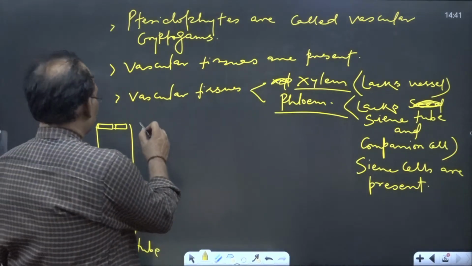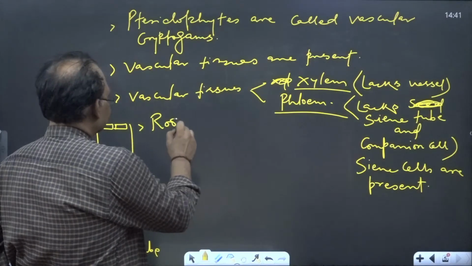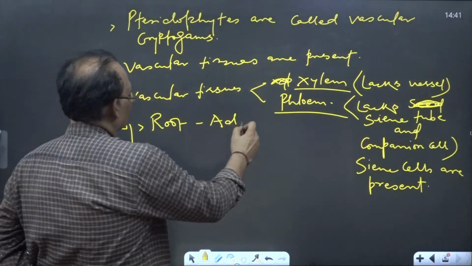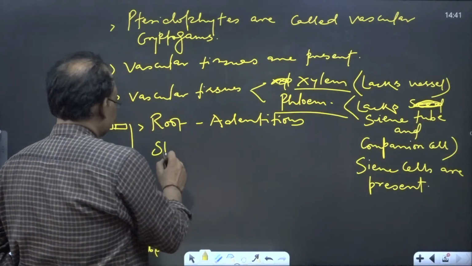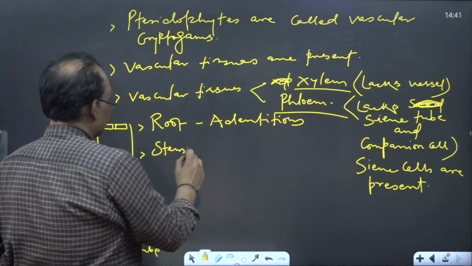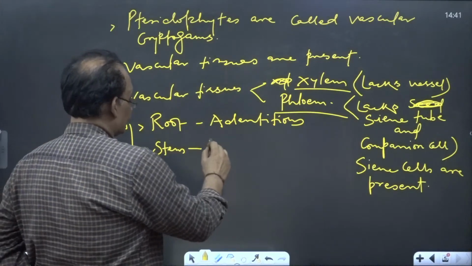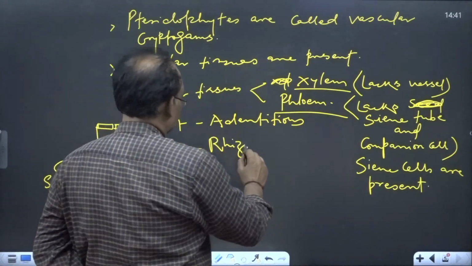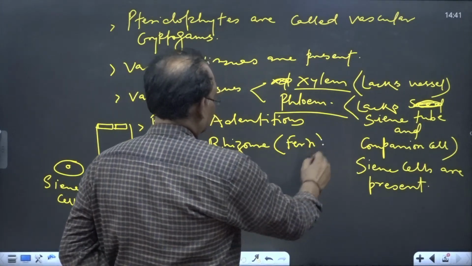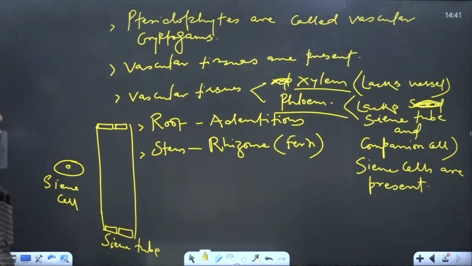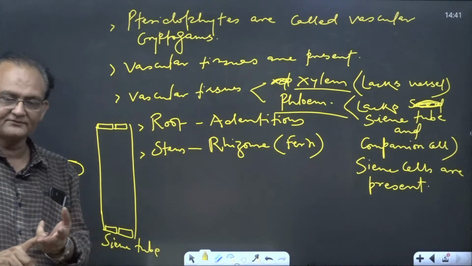So root is adventitious, है ना? Root is adventitious and stem is called rhizome in case of fern, right? So this is description about root, stem, leaf.